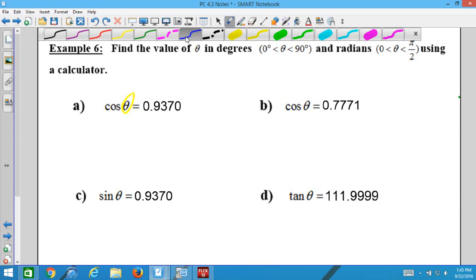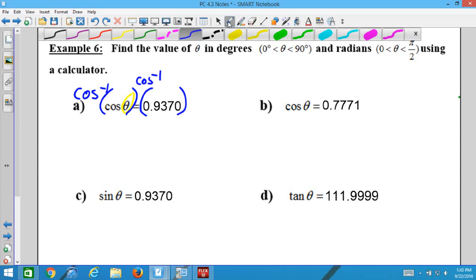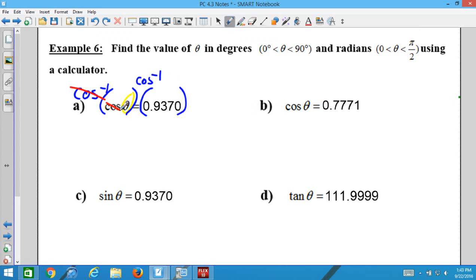So if it was being added, I would subtract it. If it was being multiplied, I would divide it. Cosine has an inverse operation. It looks like this. Cosine inverse. And if I do it to one side of the equation, I have to do it to the other side also. So that cancels out the cosine.